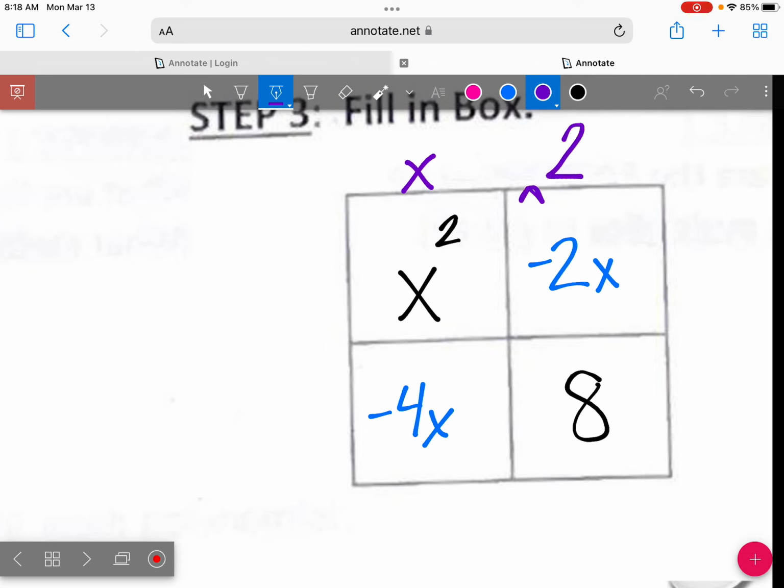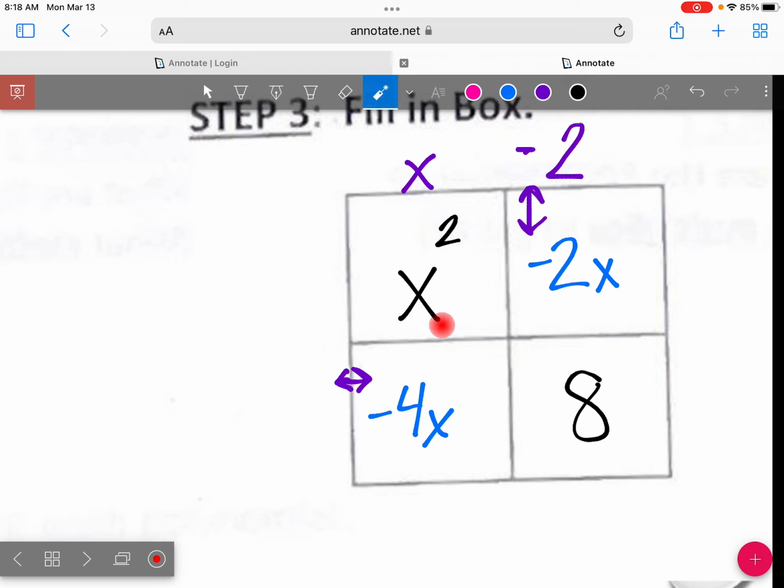But I will always, always, always match the sign of this box right here. So we're actually going to take out a -2. That spot will always have the same sign as that box, and this spot will always have the same sign as this box. Every single time.